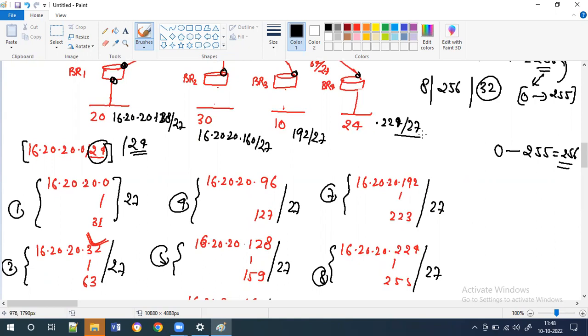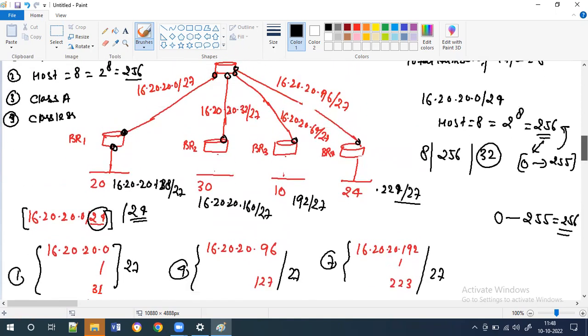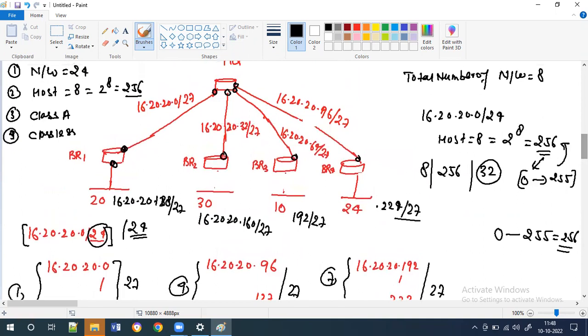If you see this diagram, where we have the maximum number of hosts: branch 1 has 20, branch 2 has 30, branch 3 has 10, branch 4 has 24. And between the remote branch offices, I need one IP address here and one IP address here.